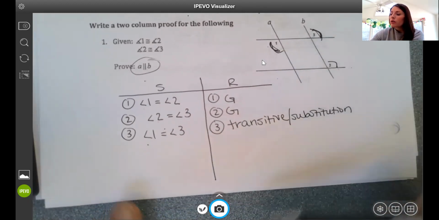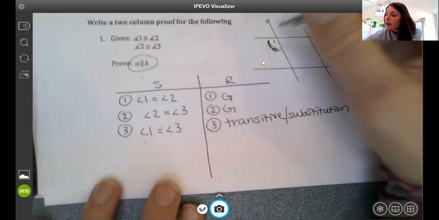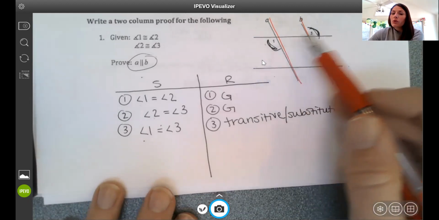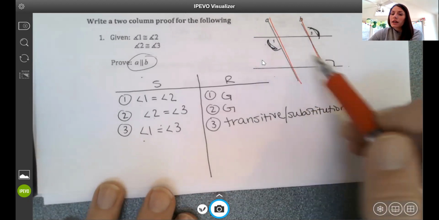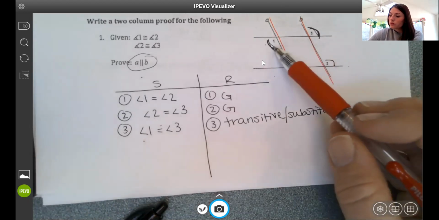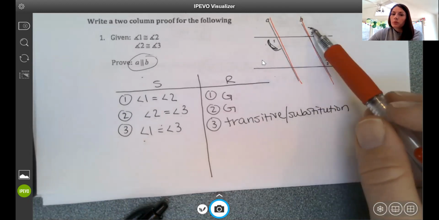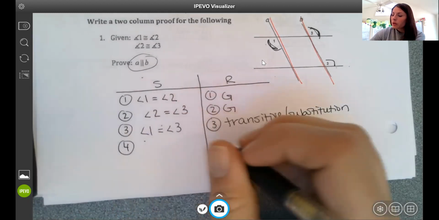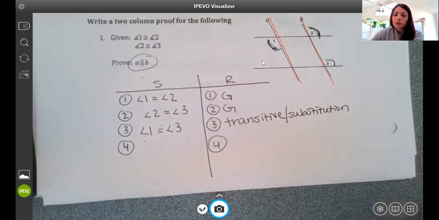So I like 1 and 3 because if I'm looking to prove that these lines are parallel, 1 and 3 have what type of relationship around lines A and B? What relationship do 1 and 3 have?